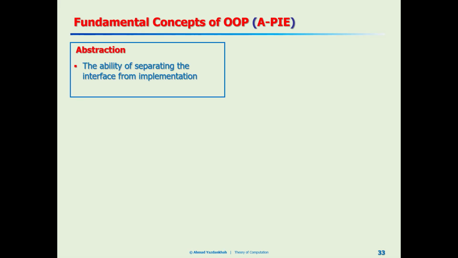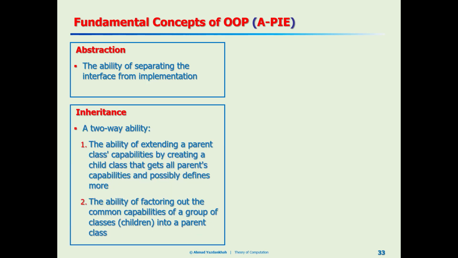Abstraction, what was that? The ability of separating the interface from implementation. Inheritance, that was a two-way ability. One way, we extend a parent class's capabilities by creating a child class that gets all of those parent's capabilities, and possibly they can define more.